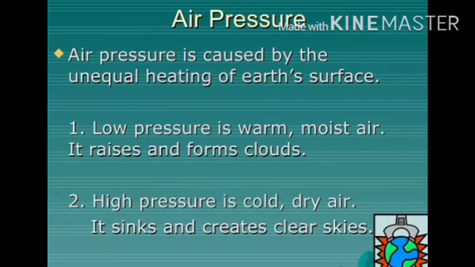Air pressure. Air pressure is caused by the unequal heating of Earth's surface. First, low pressure is warm, moist air. It rises and forms clouds. Second, high pressure is cold, dry air. It sinks and creates clear skies.